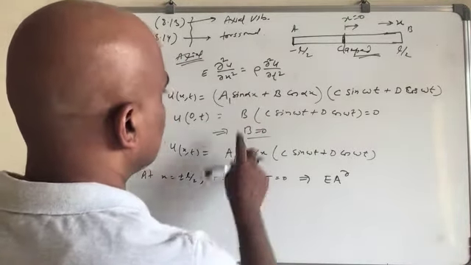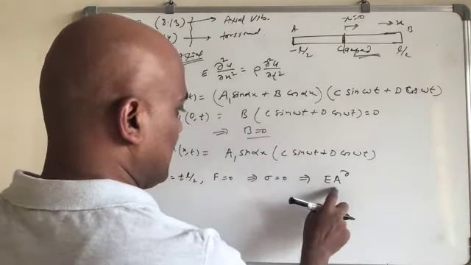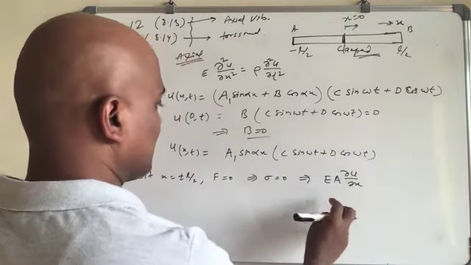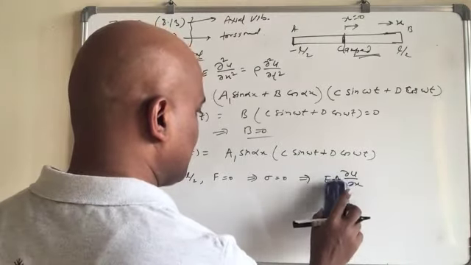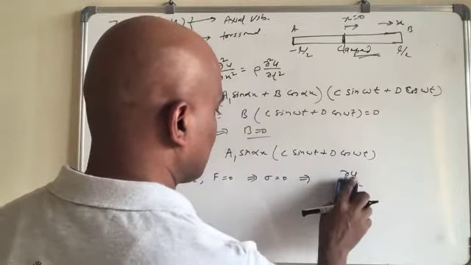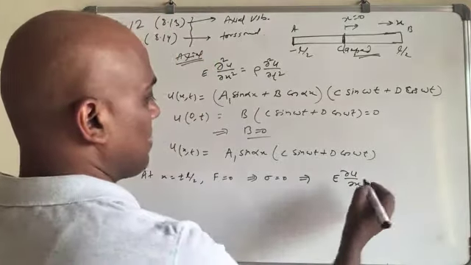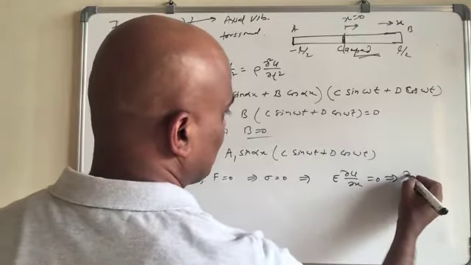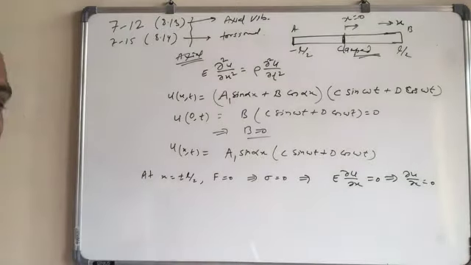Sigma is strain times E, equal to 0. That really means strain equals 0, so simply del U over del X equals 0 at plus minus L over 2.